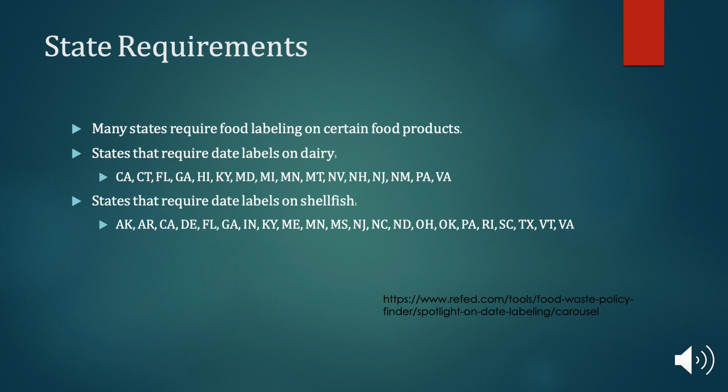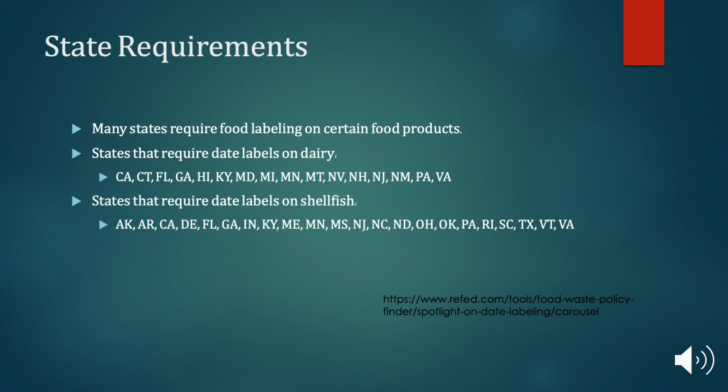For example, states that require date labels on dairy include California, Connecticut, Florida, Georgia, Hawaii, Kentucky, Maryland, Michigan, Minnesota, Montana, Nevada, New Hampshire, New Jersey, New Mexico, Pennsylvania, and Virginia.